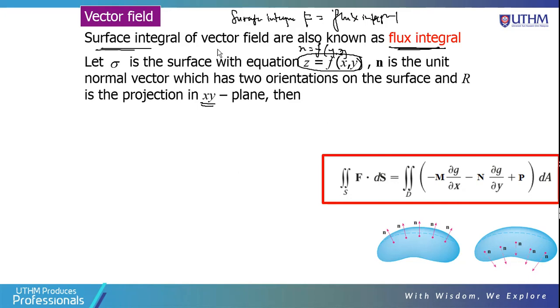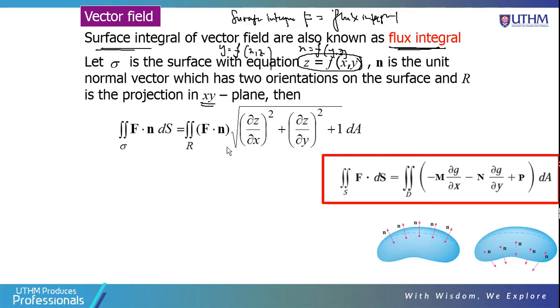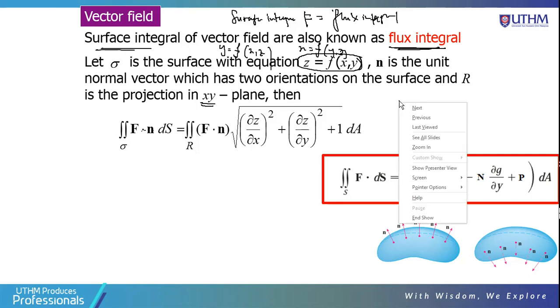If the surface is y equals a function, the projection must be in the xz plane. Okay, the same; only the formula is different. So this formula is the double integral of F dot n dS, where F dot n involves partial z, partial y, and 1. This one is for z equals a function.